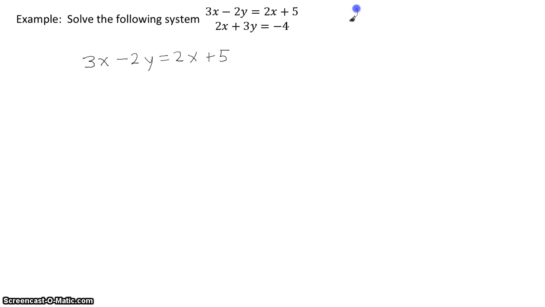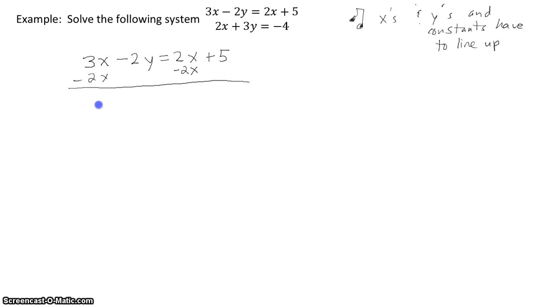Here's another side note: the x's, y's and constants have to line up. Notice this goes x, y, constant, while this goes x, y, x, constant. So I have to get this x to the other side. I'm going to subtract 2x, and I'm left with x minus 2y equals 5. So that's really what my equation should read.